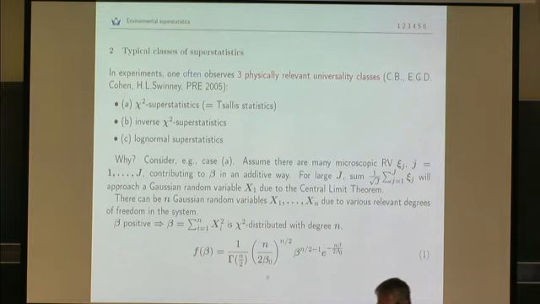So why do we have these three main classes that can be understood pretty straightforwardly? Let's say we have a complex system. It may be your climate system or atmospheric system or whatever you have in mind, and there are then usually many microscopic random variables xi j, and of course we have then the ordinary central limit theorem.